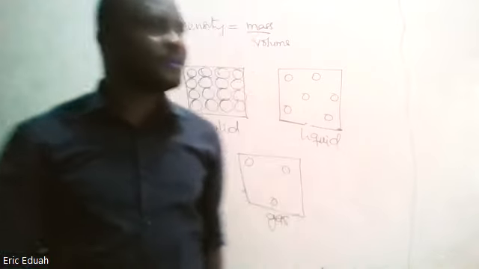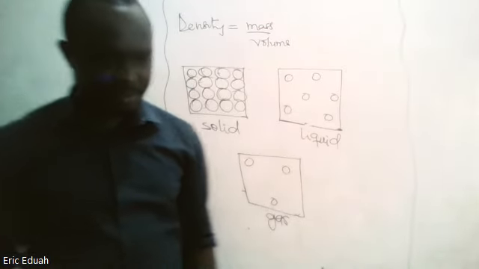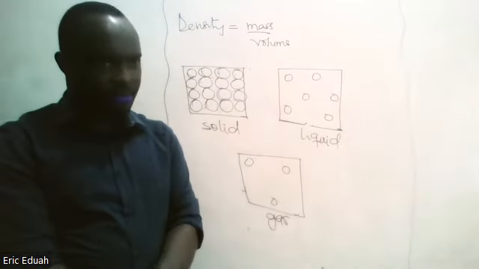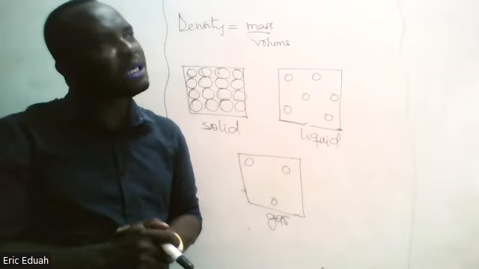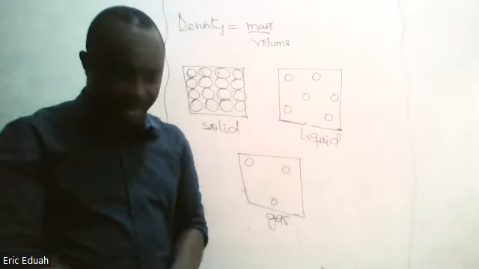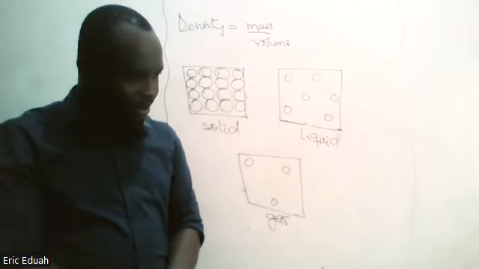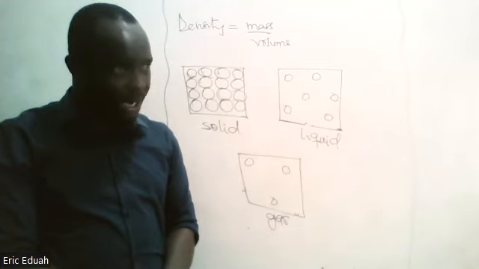Lizzie, go ahead. Answer, please. We use an electronic scale. We measure the mass using the. Lizzie, the question is on regular objects. Okay, go ahead.